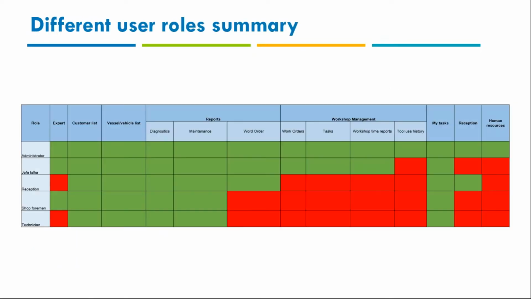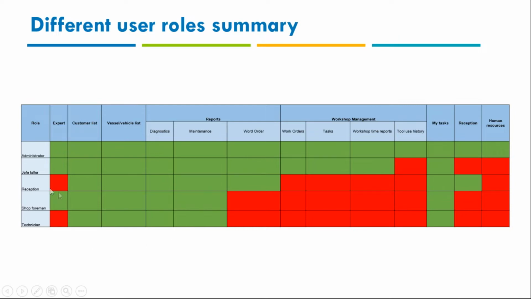Okay, so a summary, different roles. Administrators, the top level. We have access to everything. Then we have shop service manager. We have everything except tool use history and reception and human resource. Only the administrator has human resource.